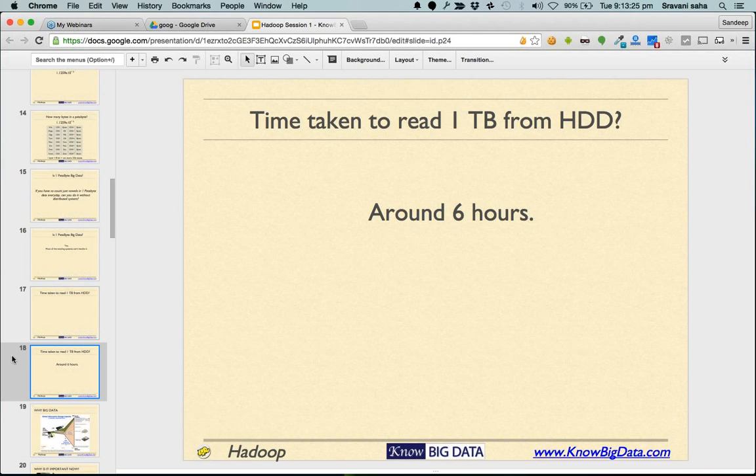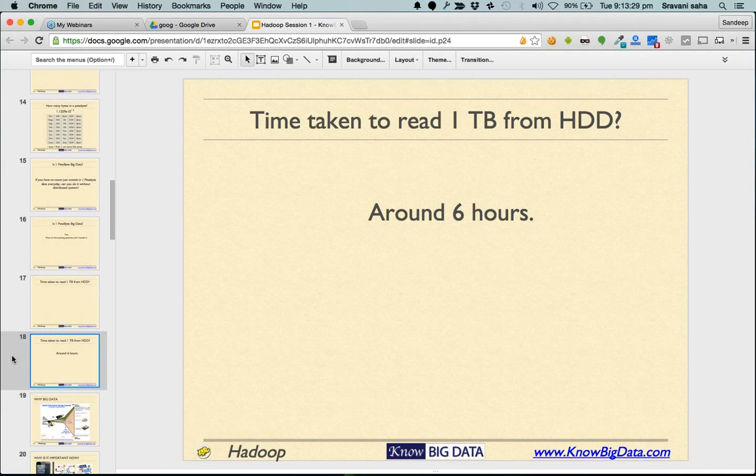All right. So now you can think of it: when it takes 6 hours to read 1 terabyte of data, for reading 1 petabyte of data it will take 6,000 hours. Okay, 6,000 hours is what it takes to read 1 petabyte of data.